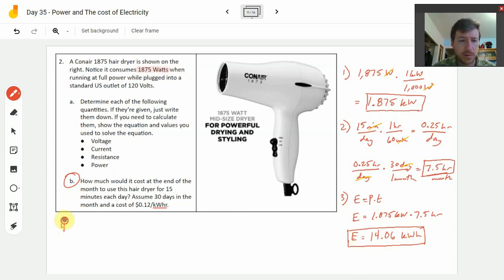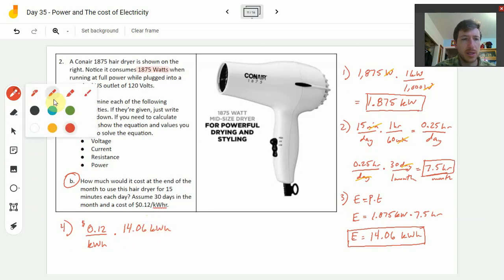And we know for step 4 that it's a cost of $0.12 or 12 cents per kilowatt hour. Multiply that by our usage, 14.06 kilowatt hours. Notice those kilowatt hours cancel, got one on top, one on bottom, and we're left with just dollars.